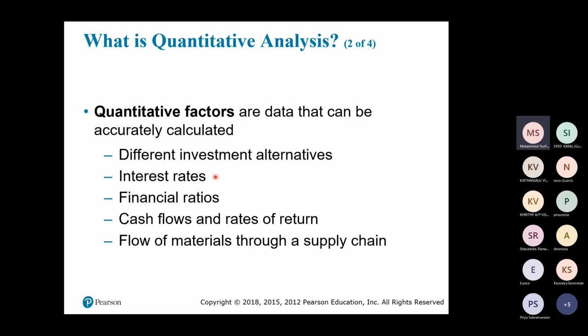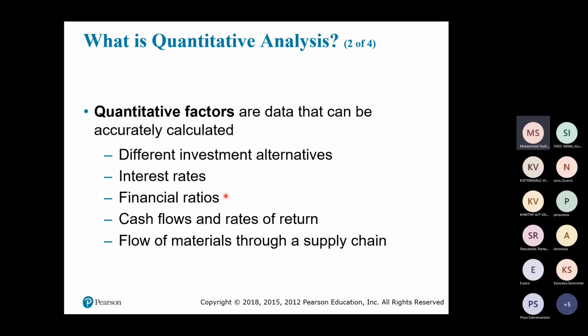And then financial ratios. How much cash, what is the percentage of cash, the percentage of sales from credit cards, the percentage invested by somebody. That is the financial ratios. For example, your capital: what is the percentage of your capital?